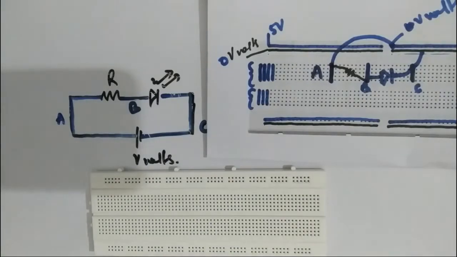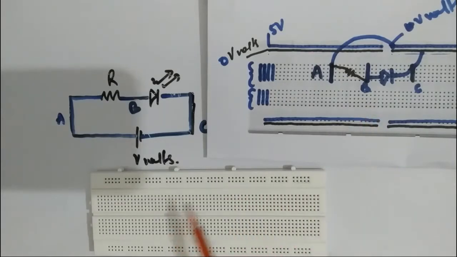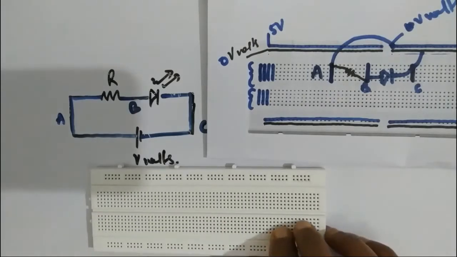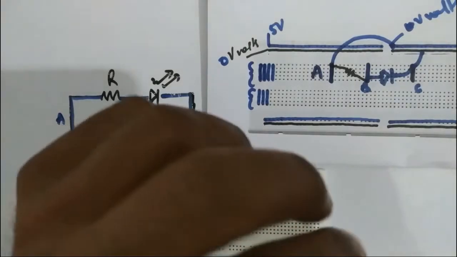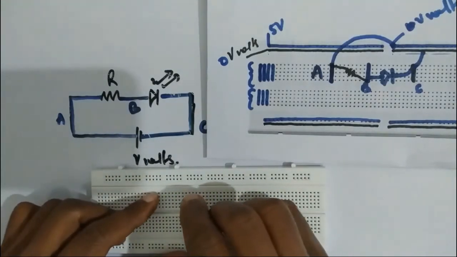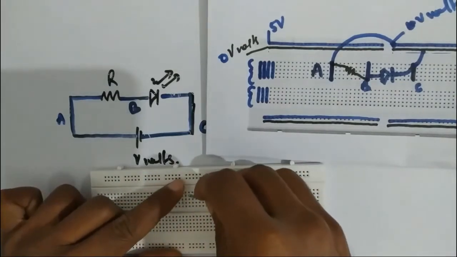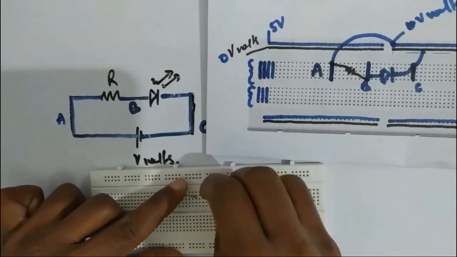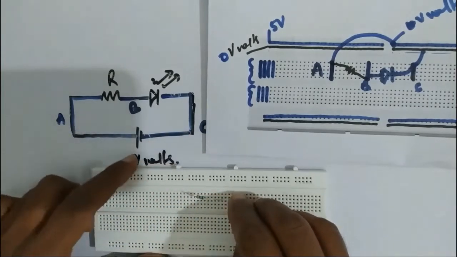Now the circuit that we have made on pen and paper, we are going to make on the breadboard, right? So this is the resistor, these are the 2 ends, so we can connect it on any of the ports in the middle portion, and the other end on any other port of some other vertical set of 5 ports.